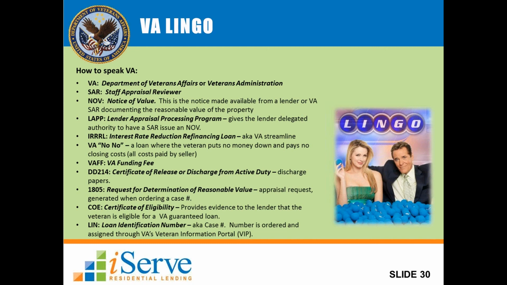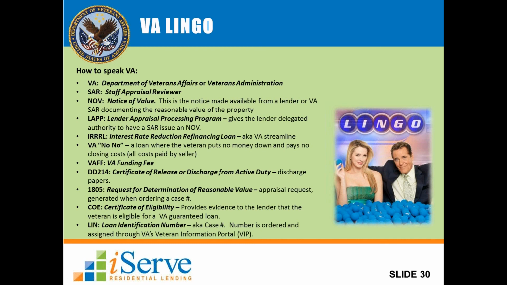It's kind of a LAP underwriter. It is somebody within the company that has the ability to review an appraisal and issue a notice of value. Speaking of which, NOV, that's our notice of value. LAP, the Lender Appraisal Processing Program, which gives us delegated authority to have our SAR issue an NOV.